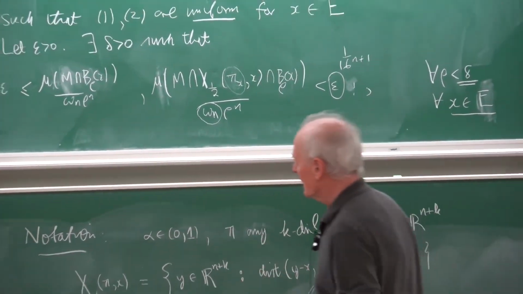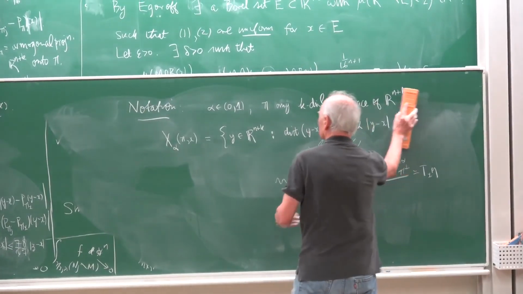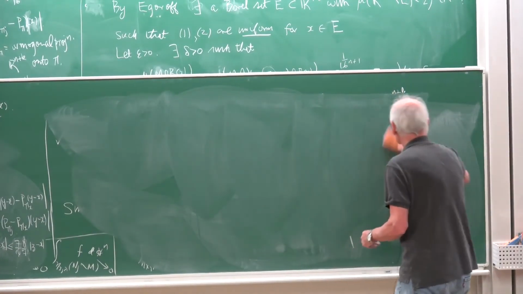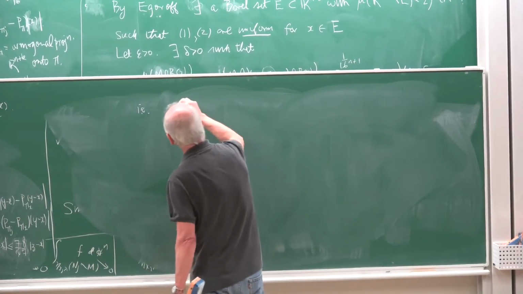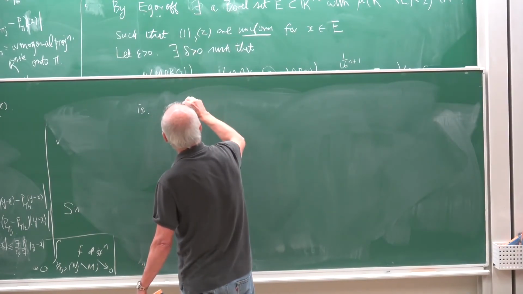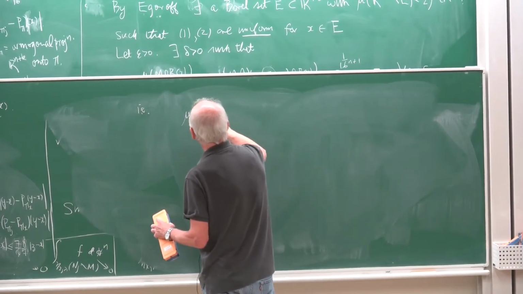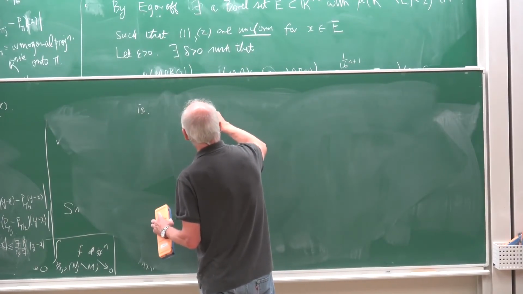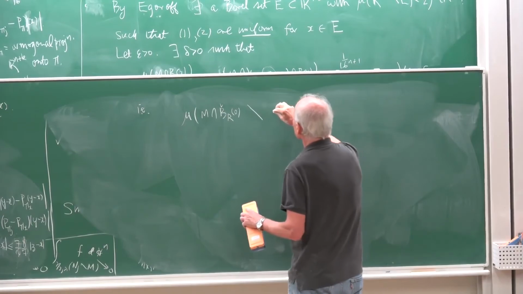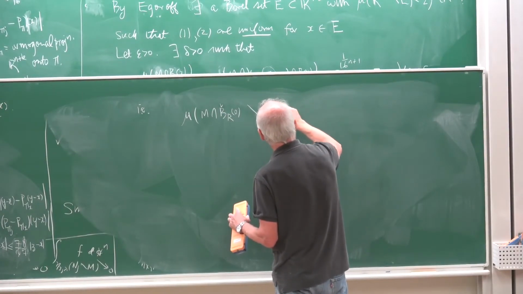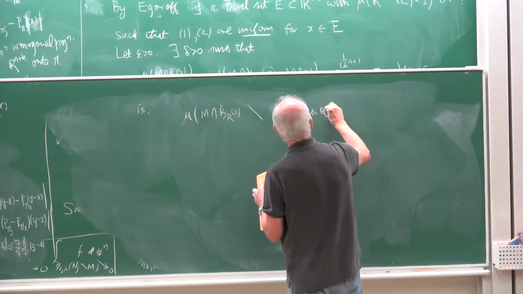So the conclusion is that mu of M intersect B_R0 minus a finite union of Lipschitz graphs.